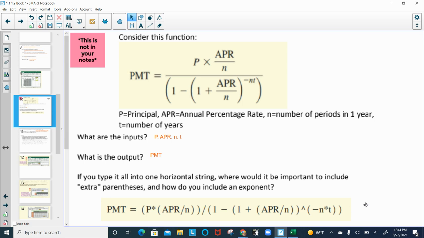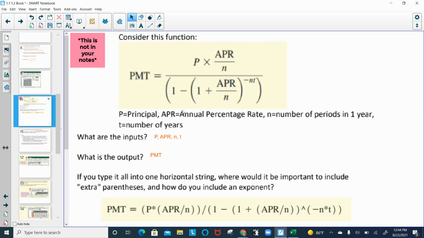Now, what I've done down here is I've included the answer to the next question, but I want to walk through it because this particular thing looks very ugly. It really does. We've put a lot of parentheses in it because of order of operations. So when you take a formula like this and you translate it to an Excel formula, you really have to be mindful what has to be done first before you can do the next calculation.